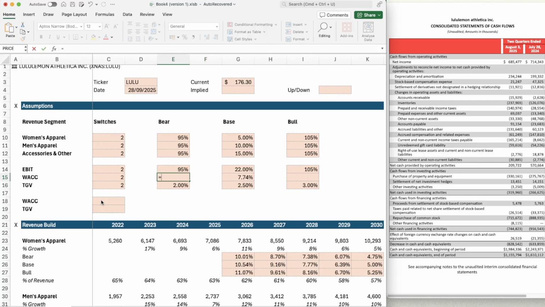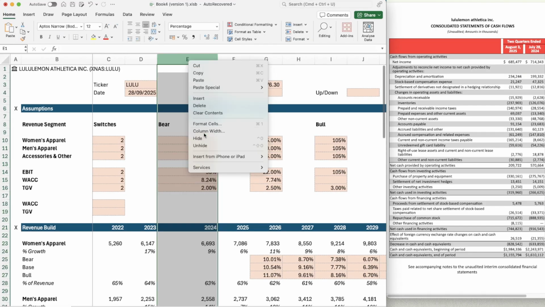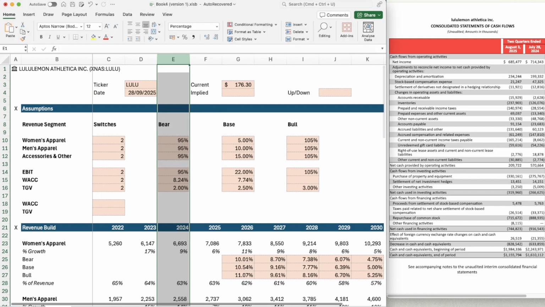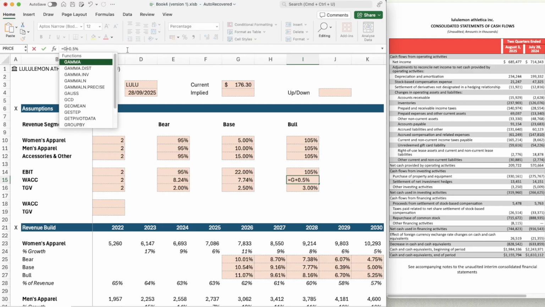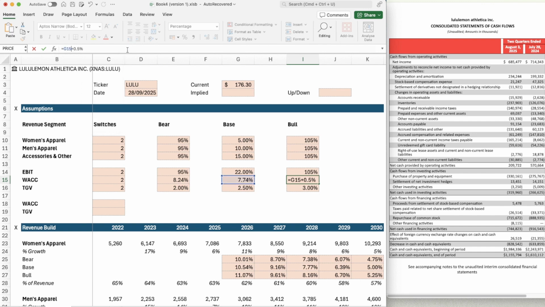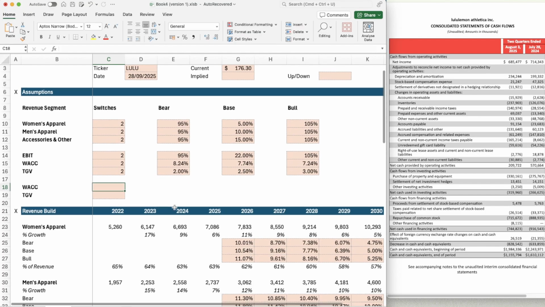And for the bear case, you add 0.5%. And for the bull, you subtract 0.5% because the lower your WACC, the less risky it is.